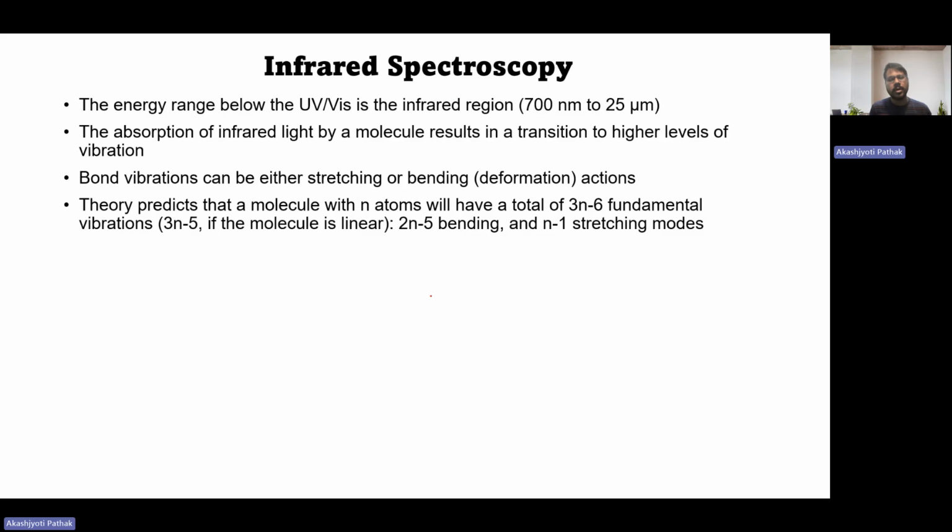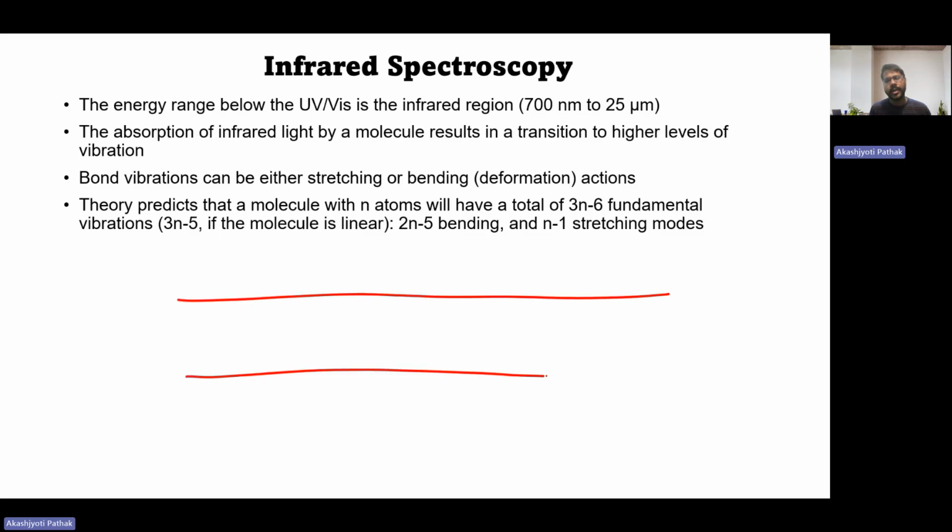As we were discussing the electromagnetic radiation, it starts from the gamma rays. Following that, the next radiation, having lower energy, is the X-rays.